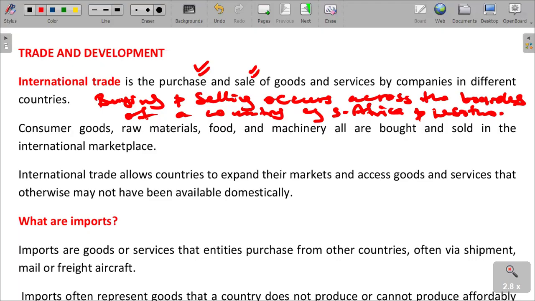So we have consumer goods, raw materials, food and machinery, all bought and sold in the international marketplace. So there is an international marketplace involved in this form of business.